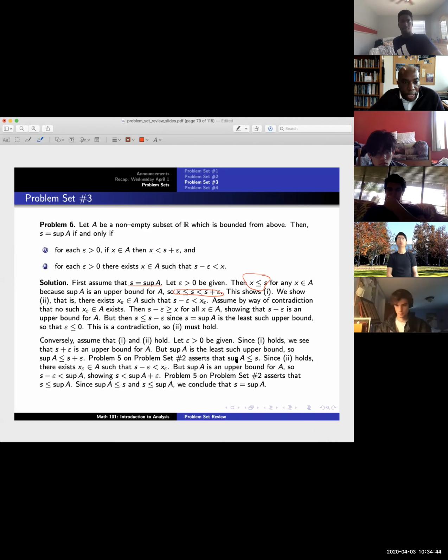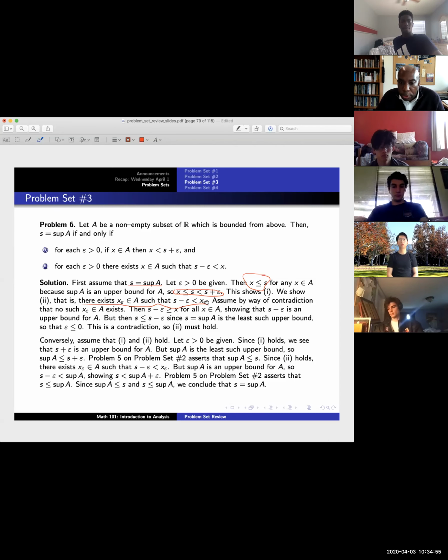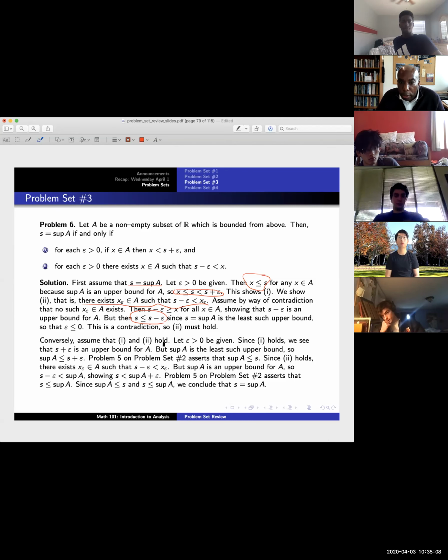For the second inequality, of course, we want to show that there exists some X such that S plus epsilon is less than X, but you just do a proof by contradiction. So you assume maybe this doesn't work. And then what you find is that there's actually another upper bound, namely S plus epsilon has to be an upper bound, and you run into a contradiction.